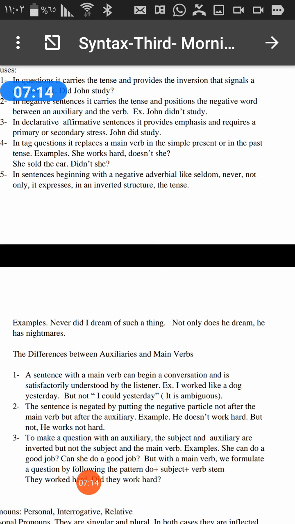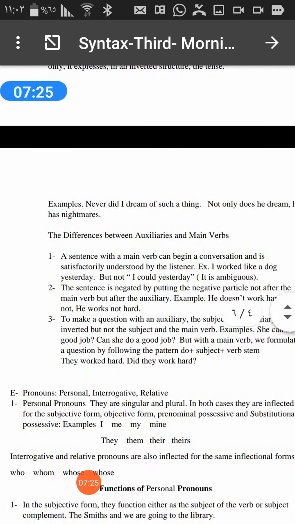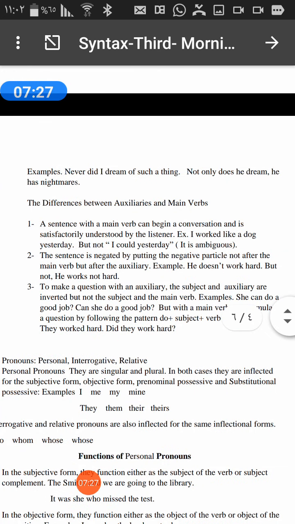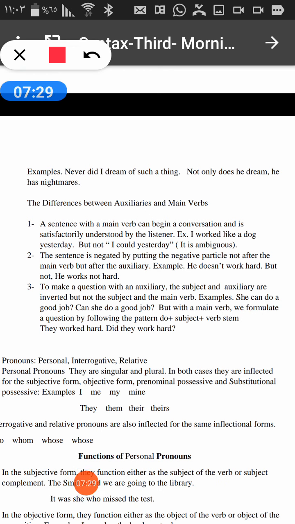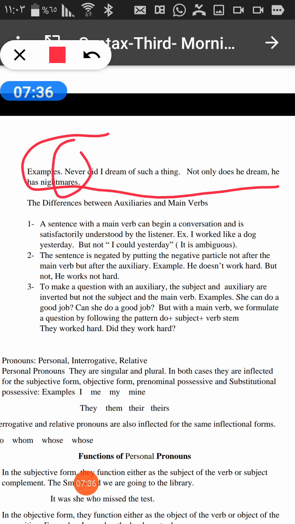In this case, it expresses in an inverted structure the tense, فهو يشير لنا إلى الزمن, as in this example: never did I dream of such a thing.